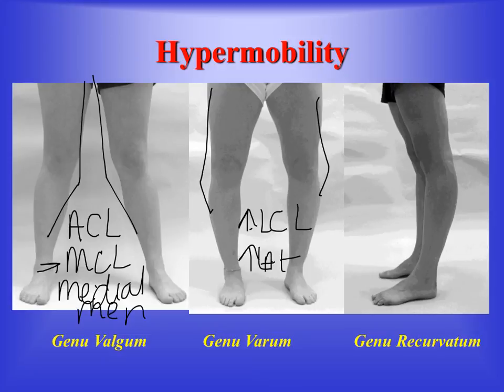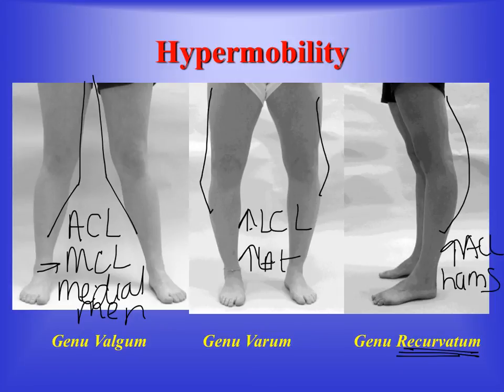And then last but not least would be what lay people would call the double jointed knee, or what we would call genu recurvatum, right? And this is the individual who has a hyperextended knee, and in which case they would be most susceptible potentially to ACL pathology as well, and then maybe even a hamstring pathology, because the hamstrings are on stretch constantly.